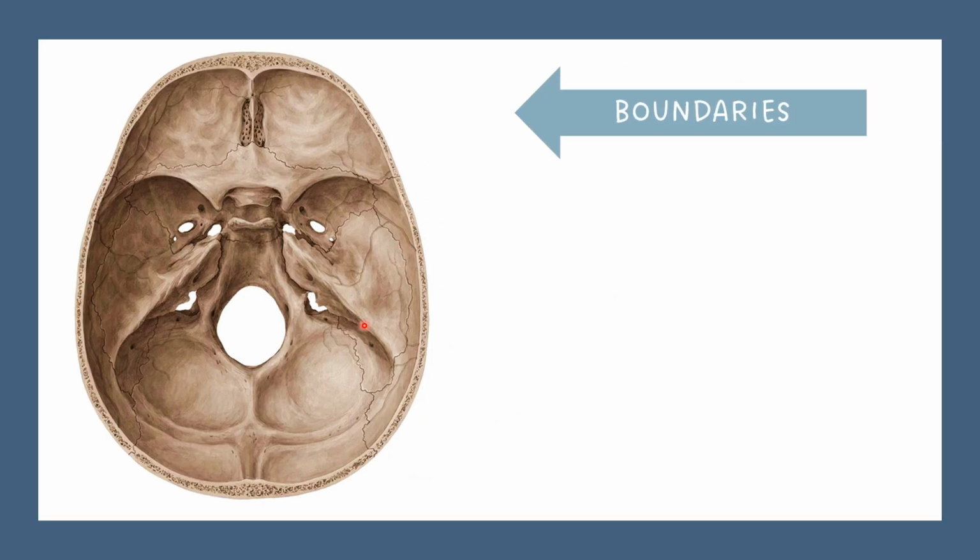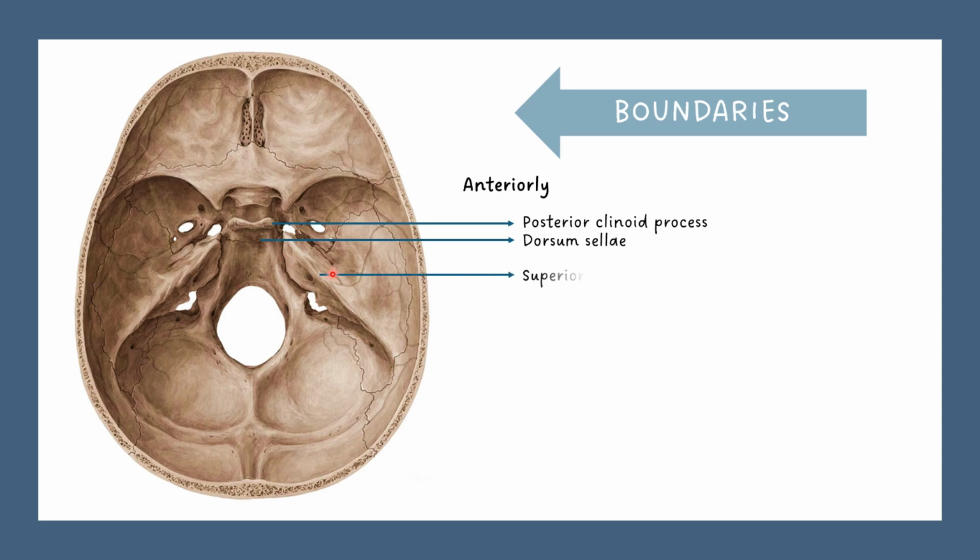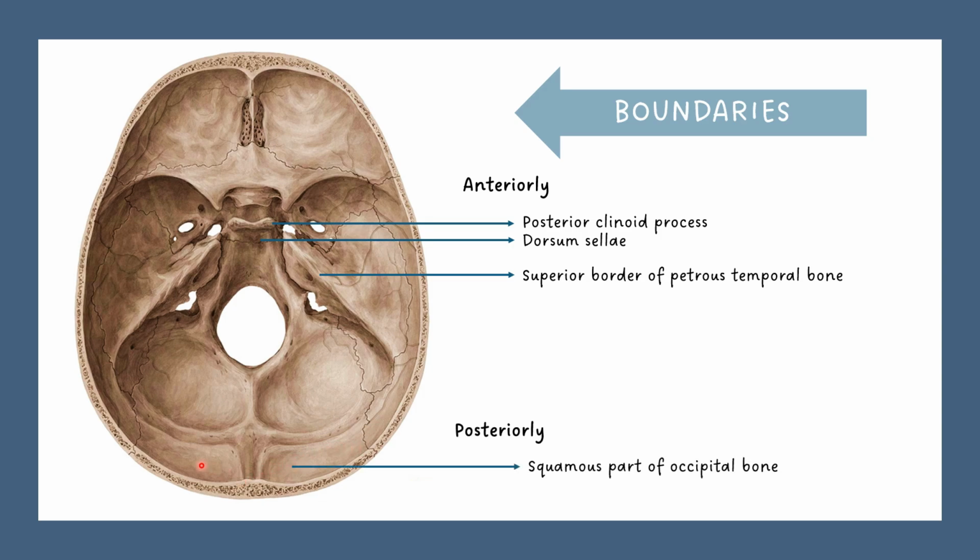The boundaries of the posterior cranial fossa are formed anteriorly by the posterior clinoid process, the dorsum sellae, and the superior border of the petrous temporal bone. Posteriorly, it is bounded by the squamous part of occipital bone.